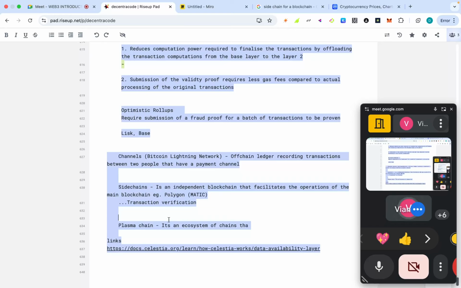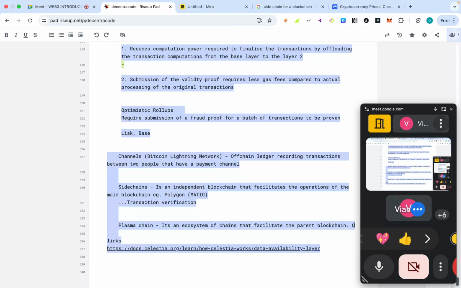Okay. So a plasma chain is just an ecosystem of chains that facilitate the parent blockchain. And this is what happens.